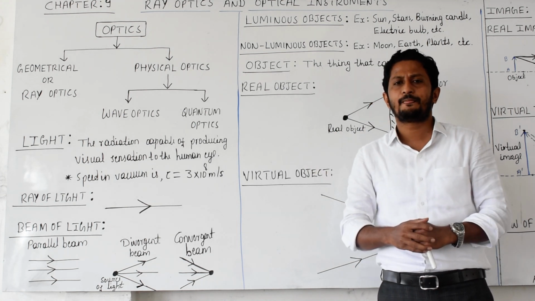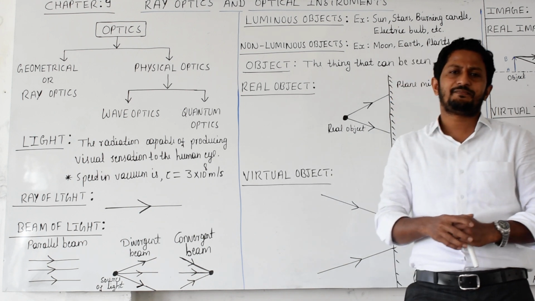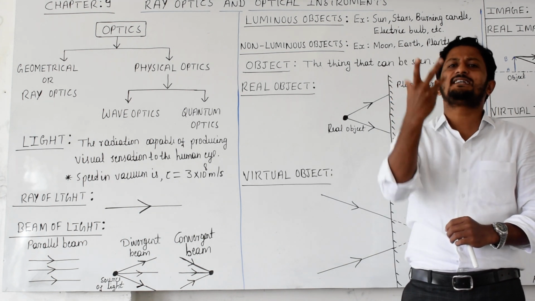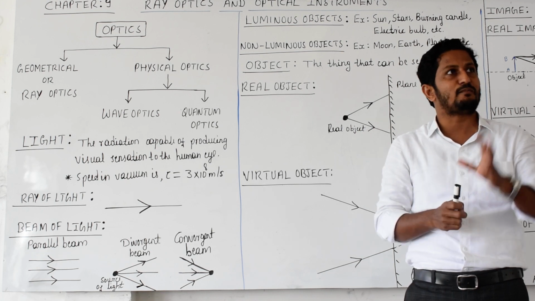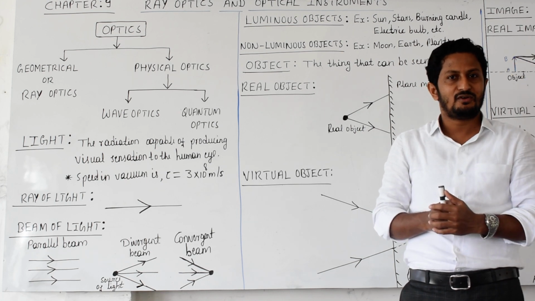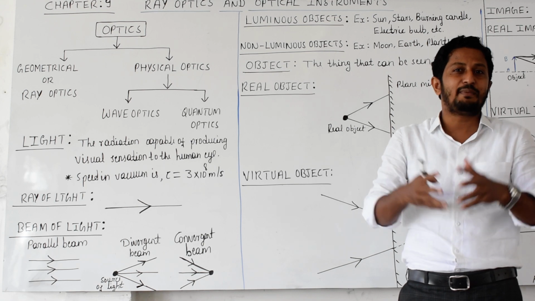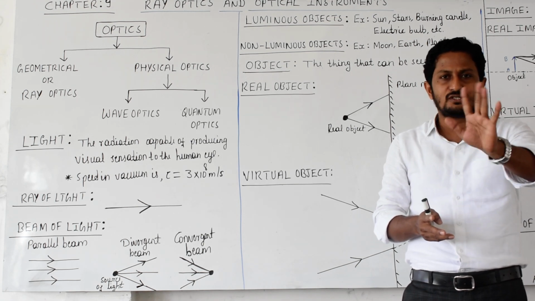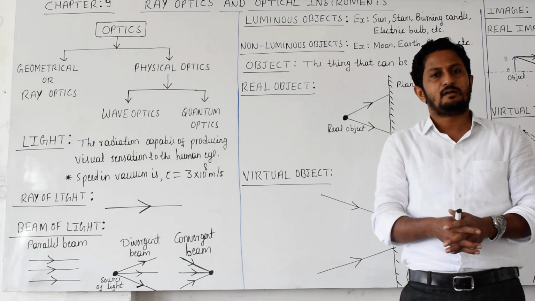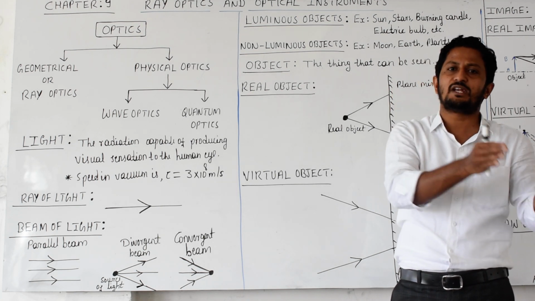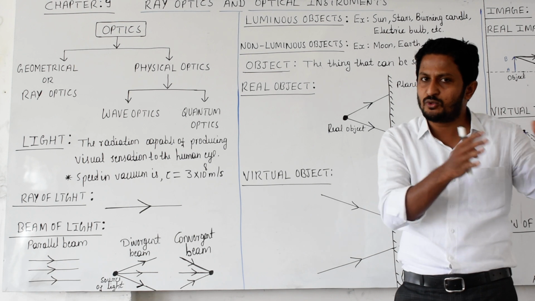The moon is there. During the night, we can see the moon, and we imagine the moon is shining. What is actually happening there? The moon is not emitting its own light energy. What is it doing?